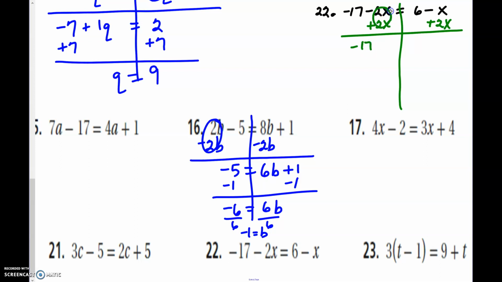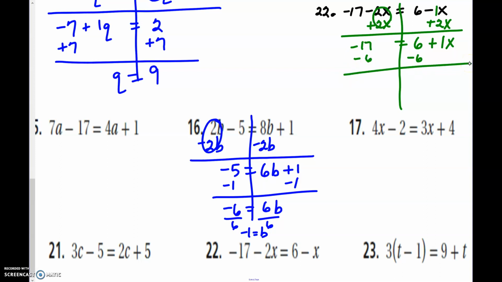These are going to cancel, equals, and I still have the 6, and -1x plus 2x is a +1x. All right, now I need to move that 6 to the other side, and because it is positive, I am going to subtract 6 from both sides.